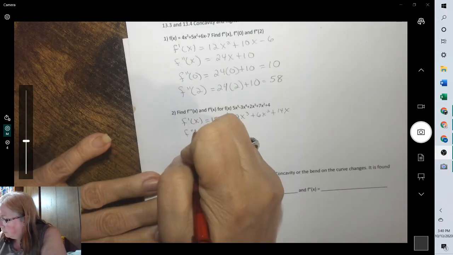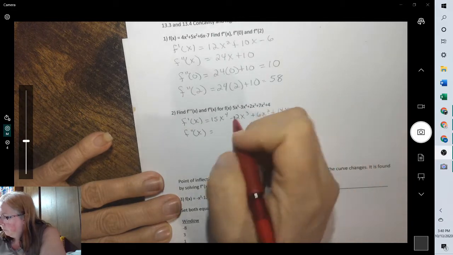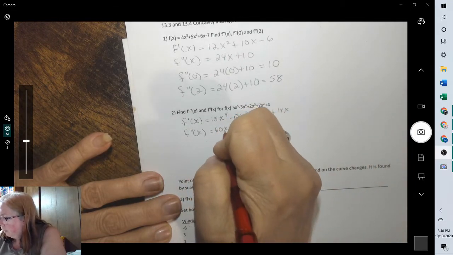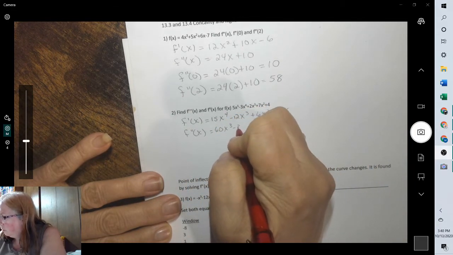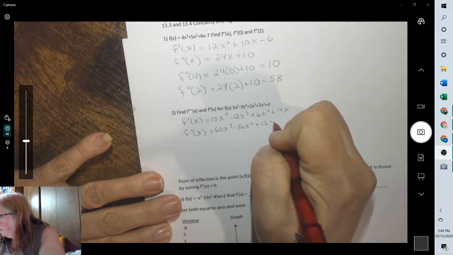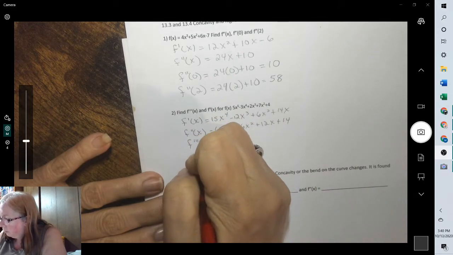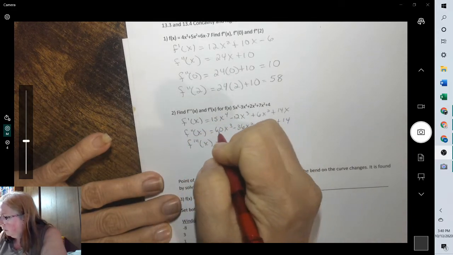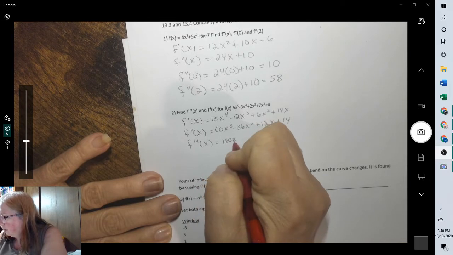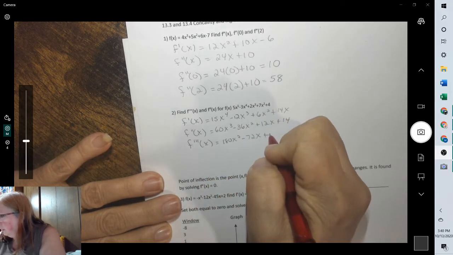Second derivative: 4 times 15, 4, 5, 6, 60x cubed minus 36x squared plus 12x plus 14. Third derivative: 180x squared minus 72x plus 12.